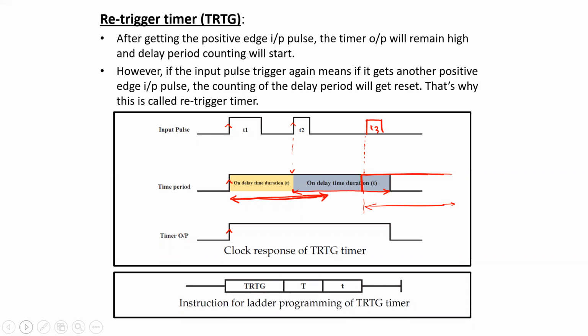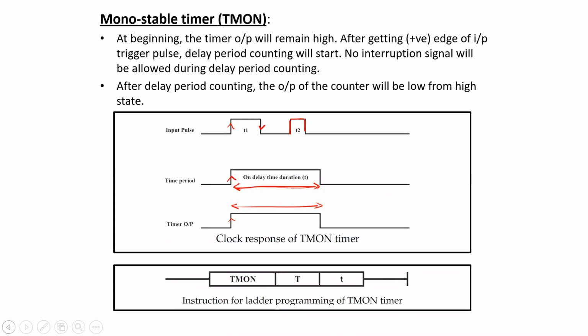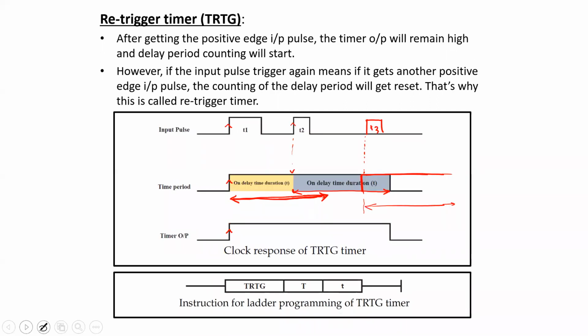So on the retrigger timer, the output will remain high after getting the input pulse. But in case of the monostable timer, the period will start counting from the beginning. Well, upon receiving the pulse, the output goes high for both the monostable timer and the retriggering timer.